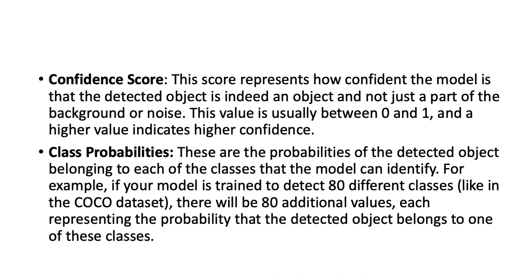What are the values in the output produced by the output layer? The bounding boxes, then the confidence score, and the class probabilities. These class probabilities are 80 values: the probability of the detected object belonging to the first class, to the second class, to the third class, and so on.